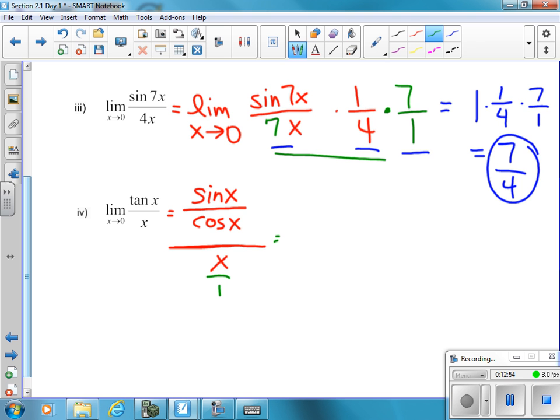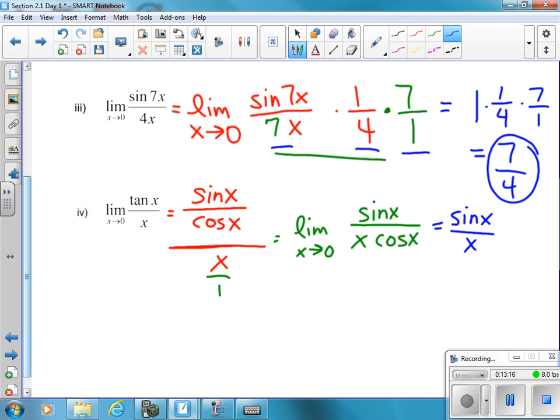So, algebraically, we have sine of x over x times 1 over cosine of x. And we want to take the limit of that as x goes to 0. Well, we already know what sine of x over x is.